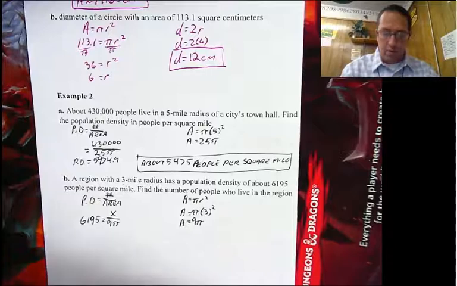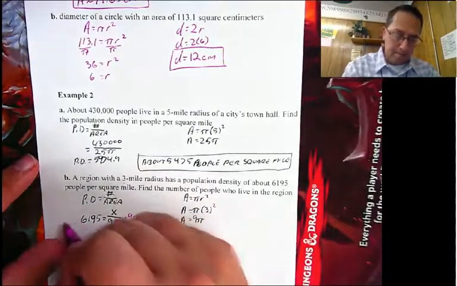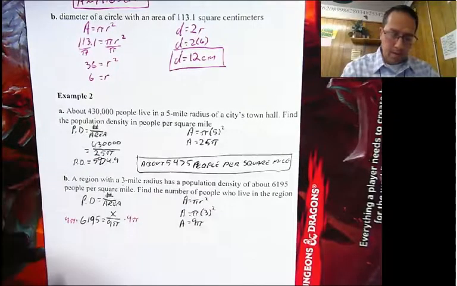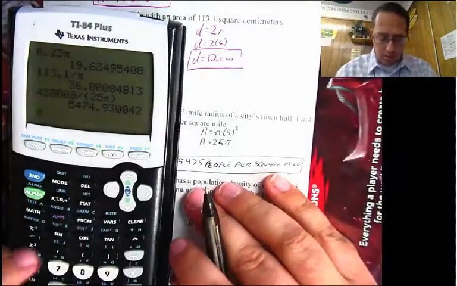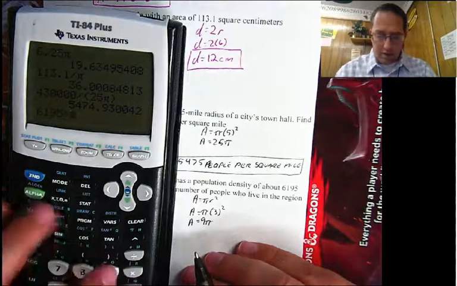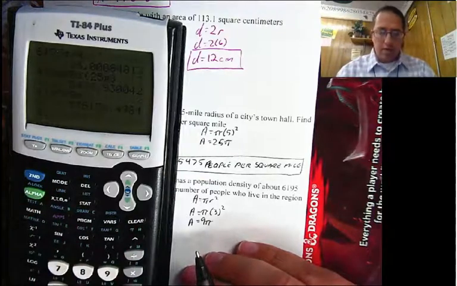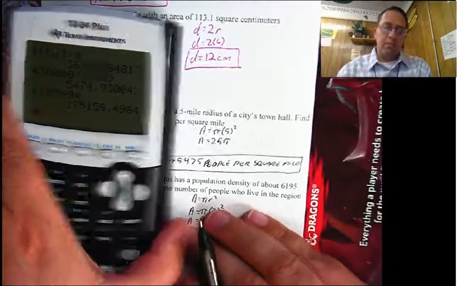Okay, so we want to get x by itself. So we multiply both sides by 9 pi. And let's see what we get. So it was 6,195 times 9 pi, which is 175,159.4.